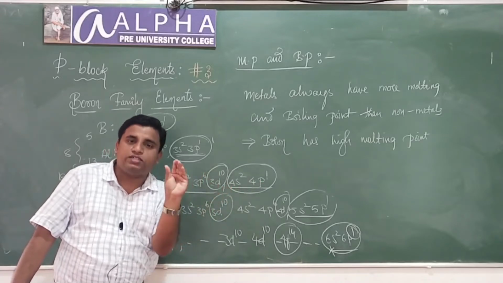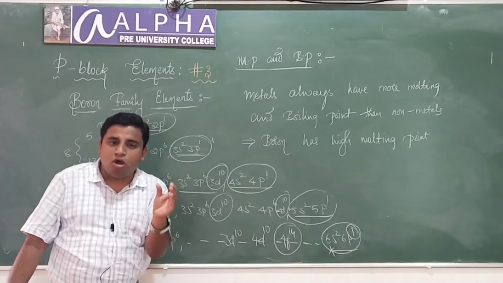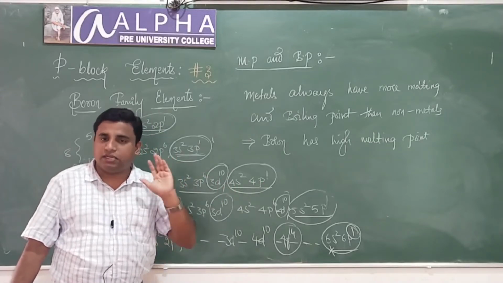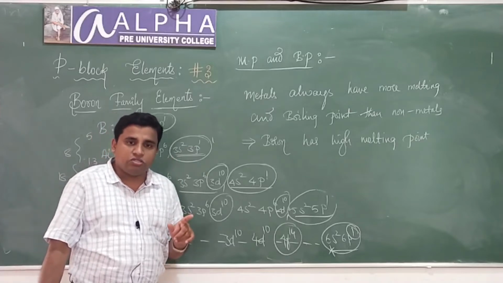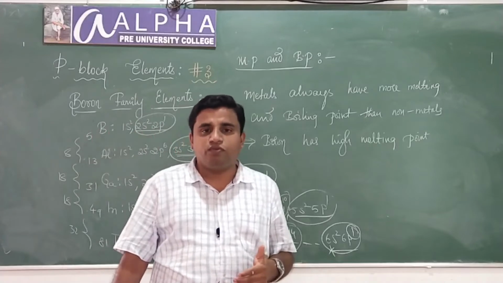Since they are more towards the nucleus, they will have less size, less atomic radius than expected. Any doubts? Please go back and watch my video lecture 2.